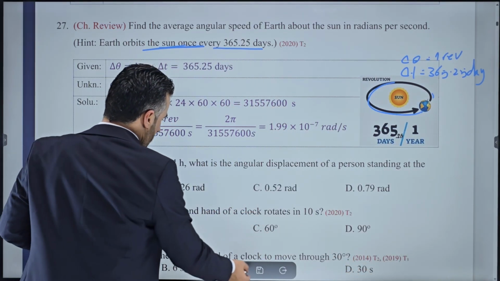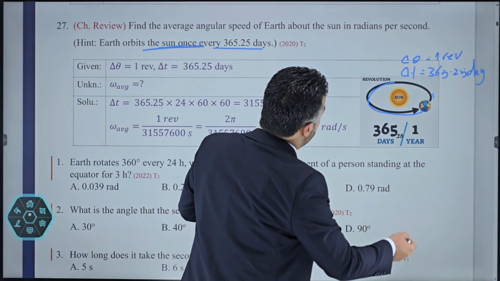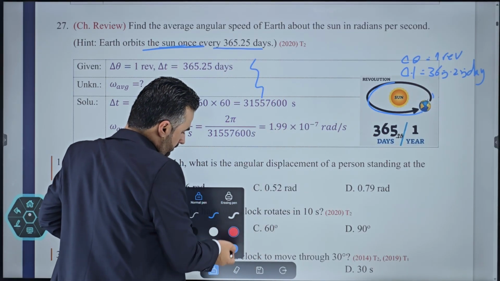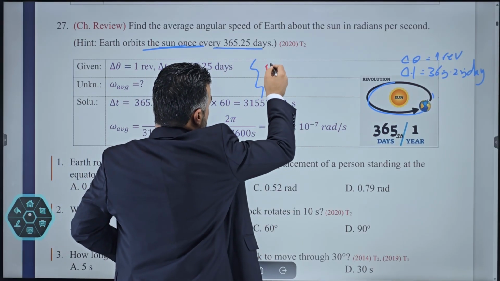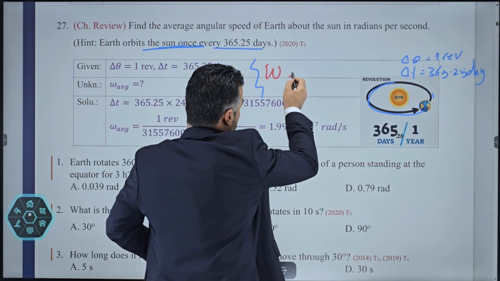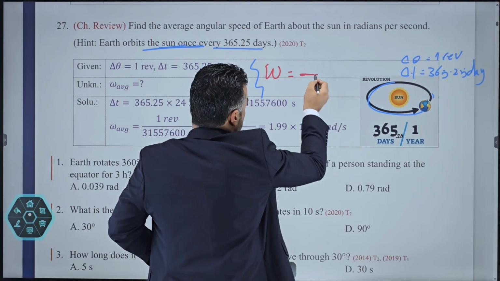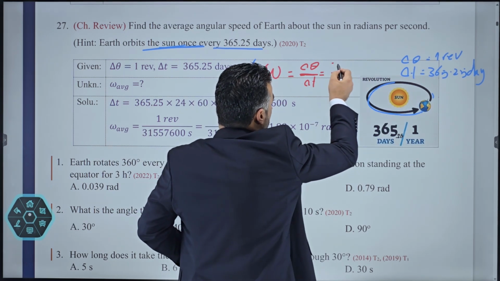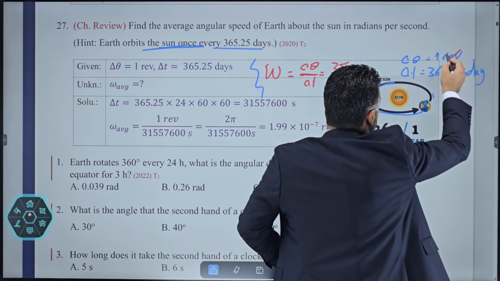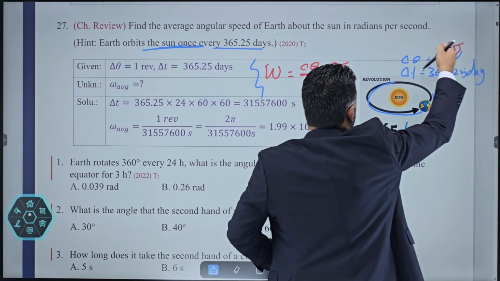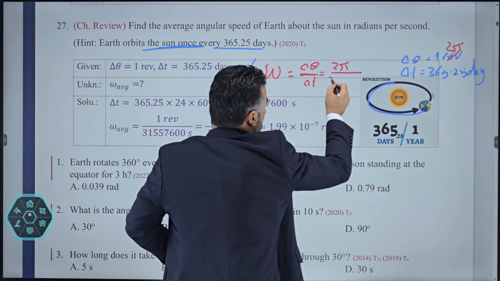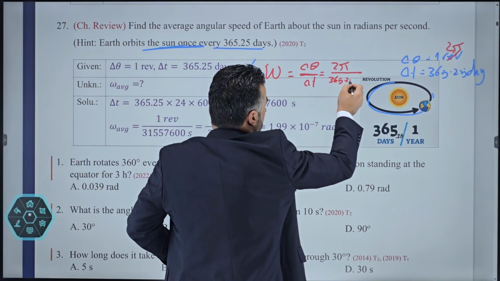Now, can we find the angular speed for the Earth? Absolutely yes. And how do we do that? Let's just write it somewhere here. Angular speed of the Earth is equal to delta theta over delta t. Now delta theta that we have is 1 rev, which you do know that every rev is 2 pi, so 1 times 2 pi is still 2 pi radian, divided by how long does it take? 365.25 days.